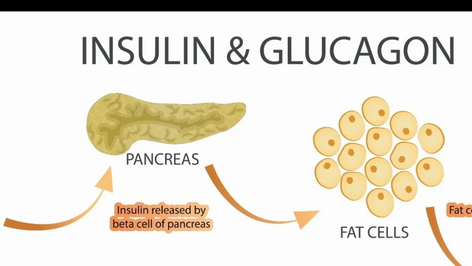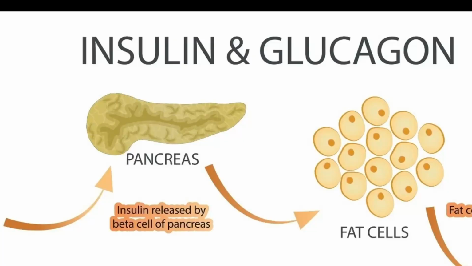When there is high blood glucose, insulin is released by beta cells of the pancreas, which acts upon the fat cells and asks the fat cells to take in glucose from the blood to restore normal blood glucose level. The fat cells store this high blood glucose as fat, thereby reducing the high blood glucose level into a normal blood glucose level.